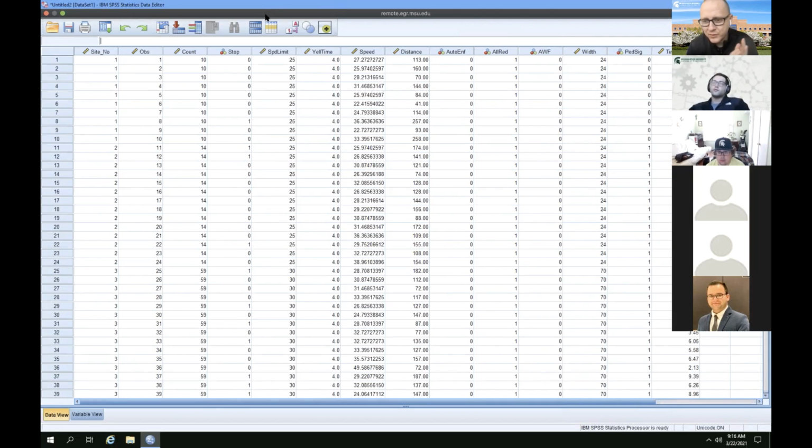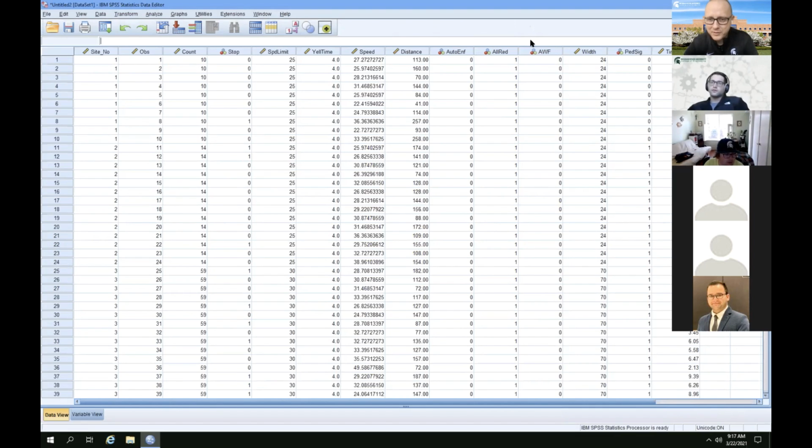Or was it relatively straightforward and no issues and all your models were perfect, perhaps? Okay, we've got something in the chat. Variable selection. Can anybody elaborate on any of the challenges you ran into there?